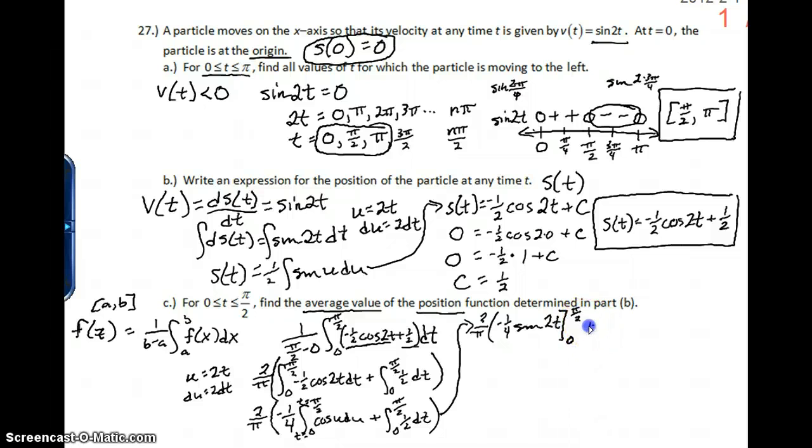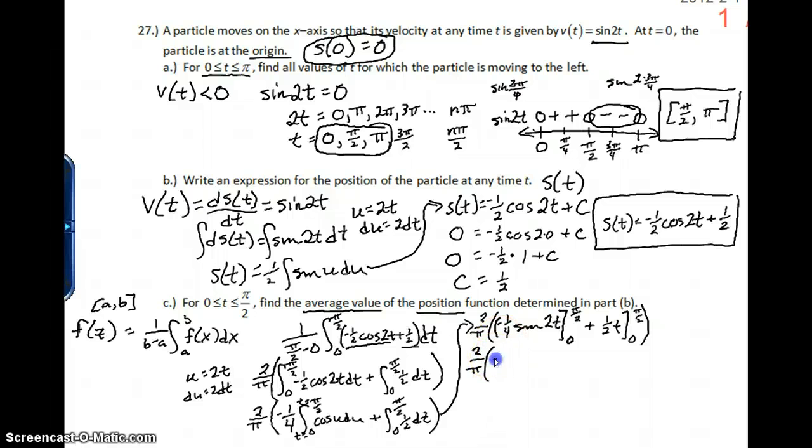Then I'm going to add on to that the integral of 1/2, which would just be 1/2 t, and we're going to evaluate that from 0 to pi over 2. Now, we have to make sure that our notation is correct. So I put a parenthesis there, and then I'll close the parenthesis here to make sure everything is going to get that 2 over pi. So now 2 over pi comes down, and now I'm going to evaluate.